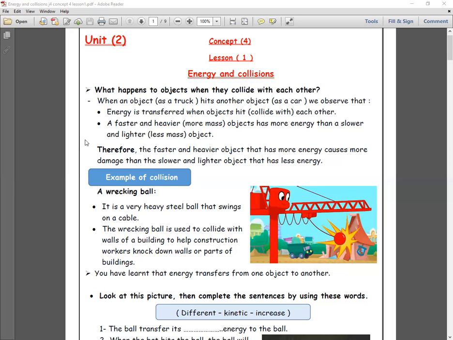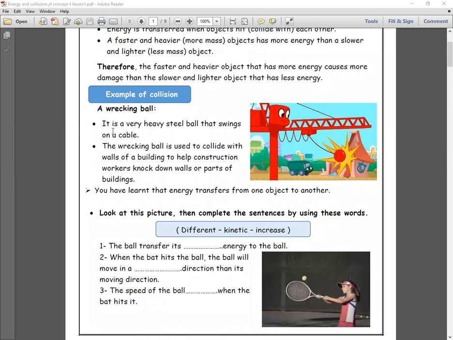This means that the object will have higher energy, whatever the type of energy. And we said that this energy starts to transfer from one object to another. So the damage will change from one object to another depending on the speed, the mass, the energy that we start with, and for sure, how the energy can transfer.